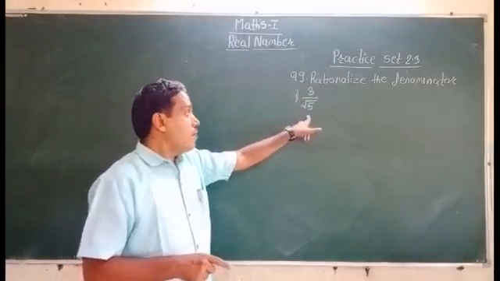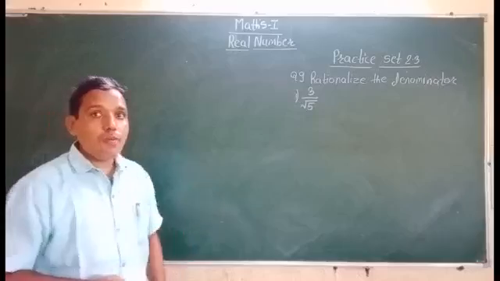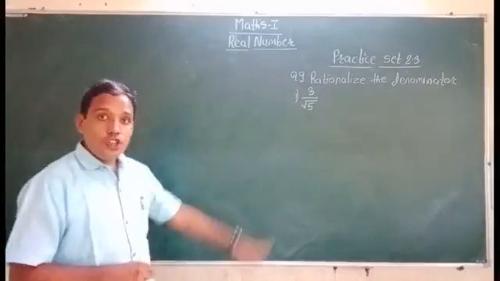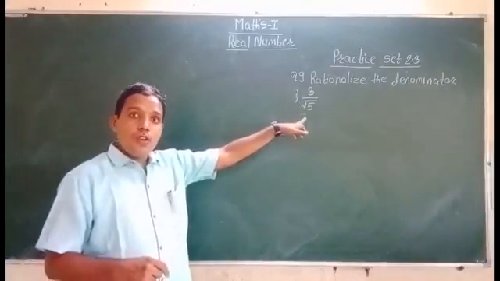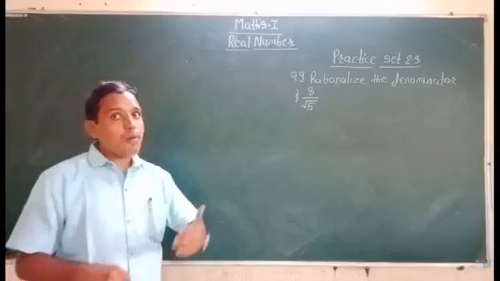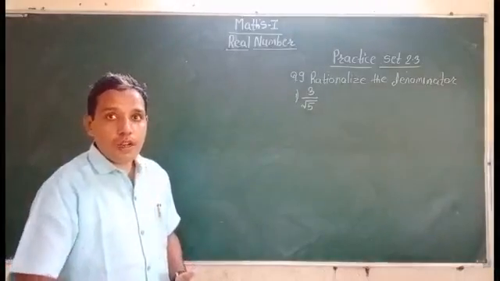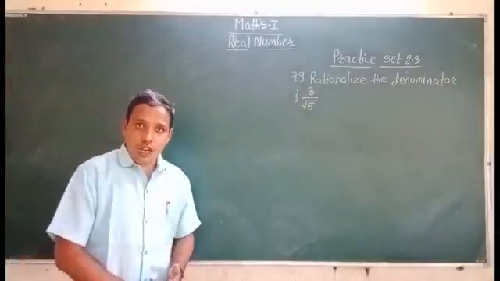So how can we rationalize the denominator? That root 5 we multiply by another surd, and the product we get is a perfect square number, that means a rational number.